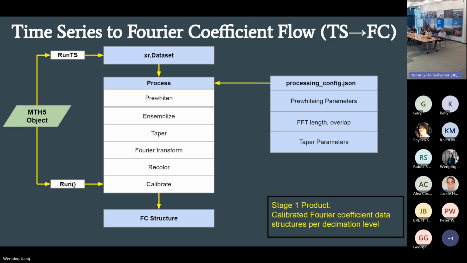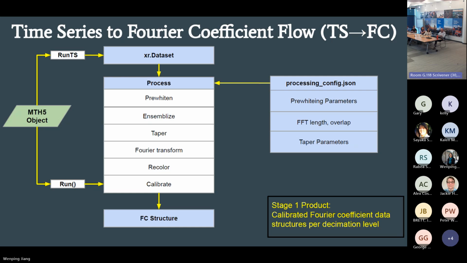The transformation starts with the MTH5 object on the left as the input, coming through the top through this run time series object. The other input into the processing is what I called processing config.json. It could be a JSON file; it's just a processing object from MT metadata.